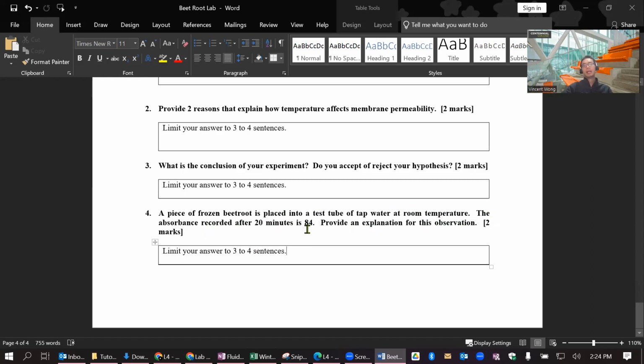How does it compare? So the hint I'm going to give you is to think about what happens when you freeze water. You might have this experience. You want to have a cold soda drink, but you only have one sitting in the room.